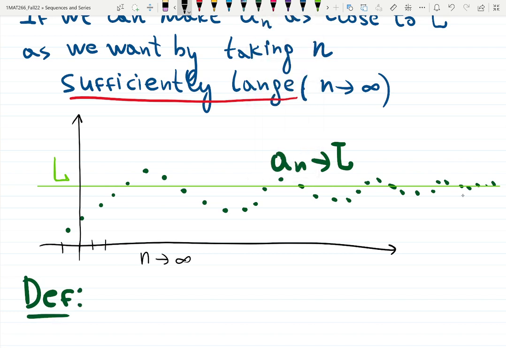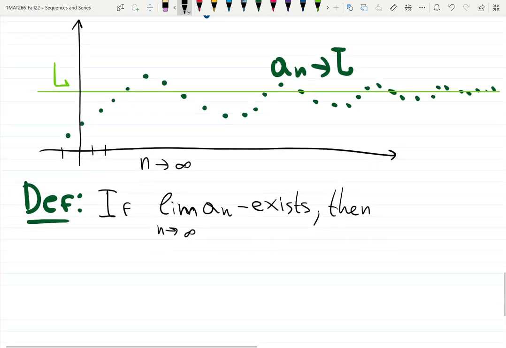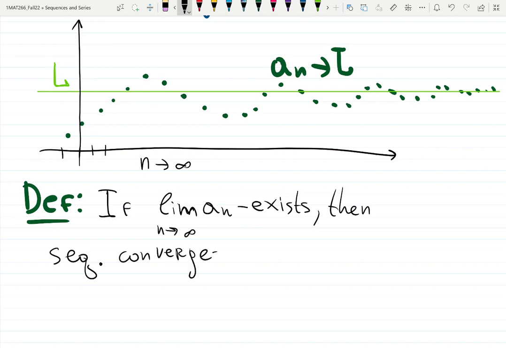If this limit is finite, or it exists, limit of a sub n as n goes to infinity exists, then the sequence converges to L. The sequence converges, and it's called convergent. If not, then it diverges or blows up.